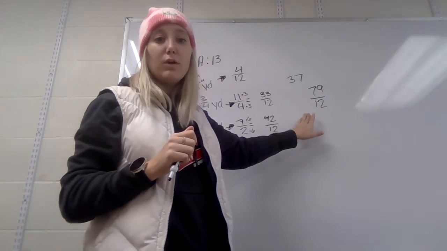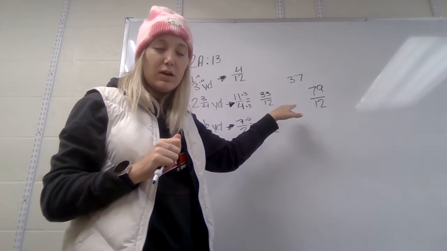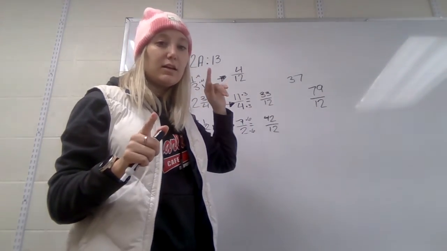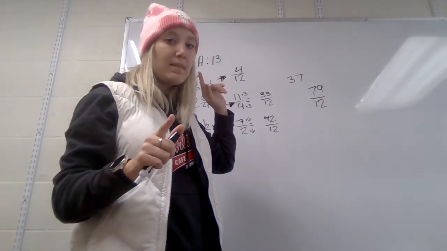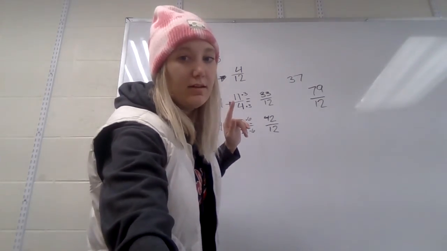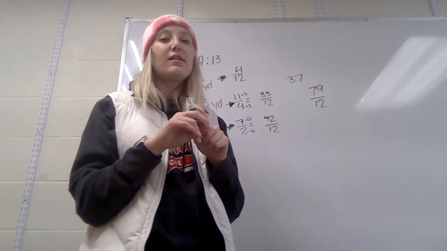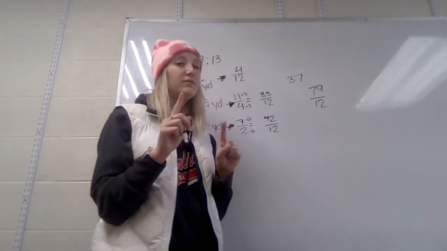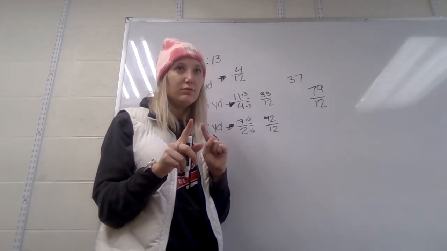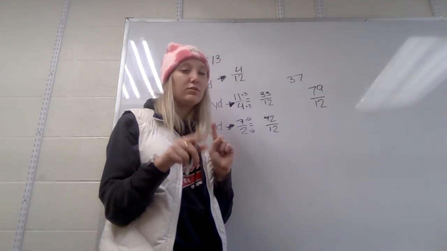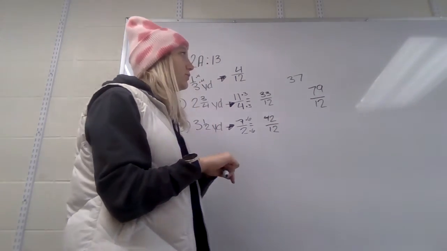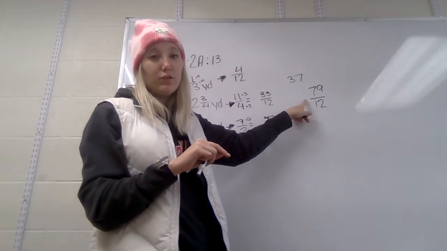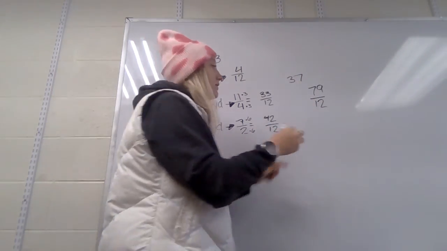I know 12 goes into 72 about 8 times, and so 12 doesn't go into 72 8 times. It goes in 6. So I know that 12 goes into 72, which is close to 79.